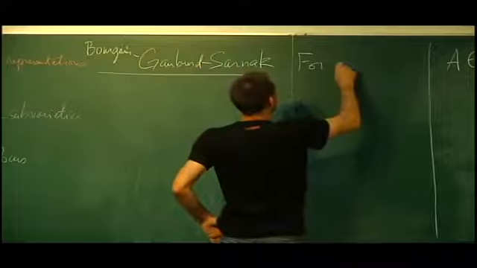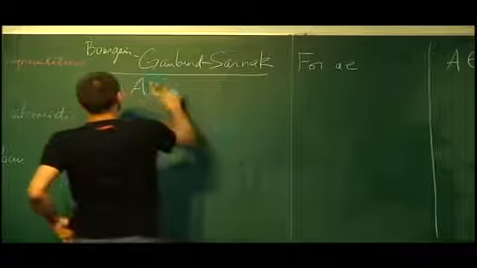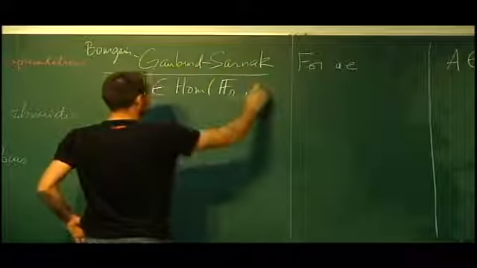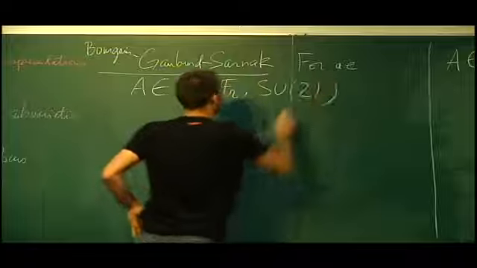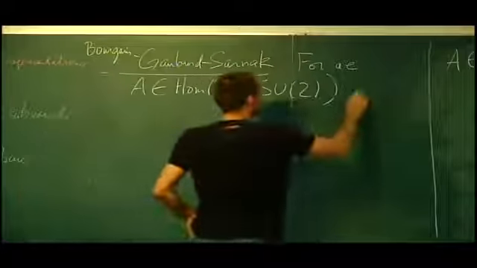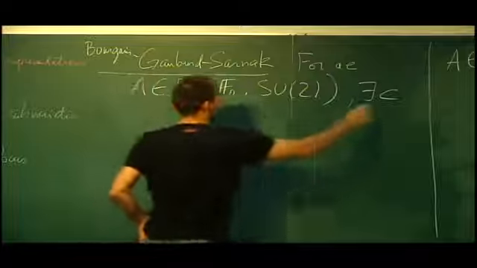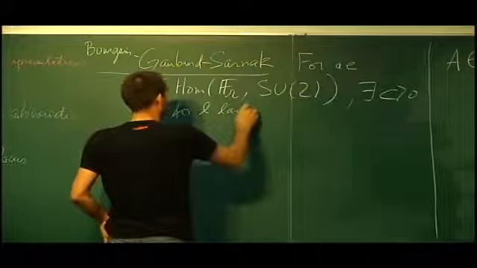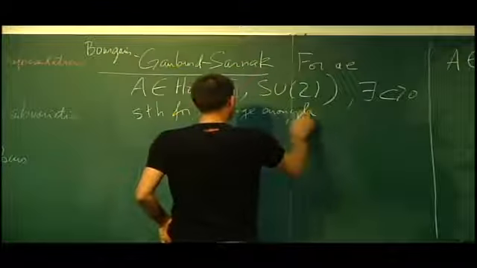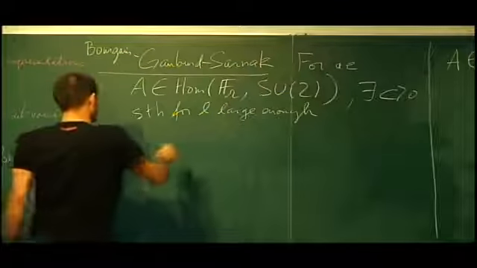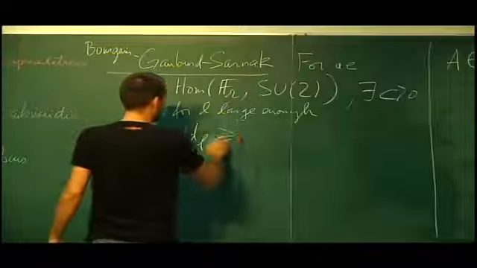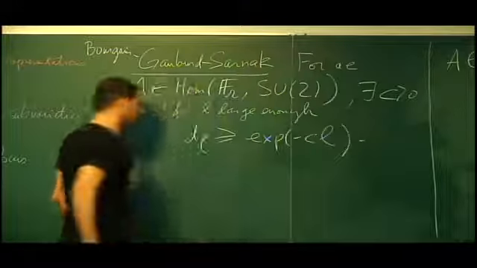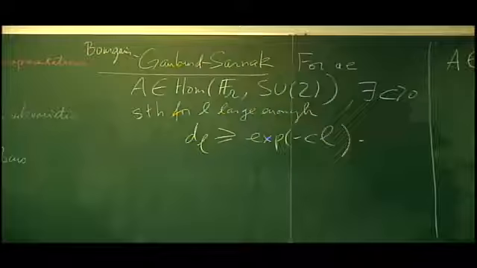For almost every A in the representations of the free group in SU2, there exists a positive constant C such that for L large enough, DL with the same definition is bounded from below by exponential minus CL. So namely, we have really an exponential estimate.